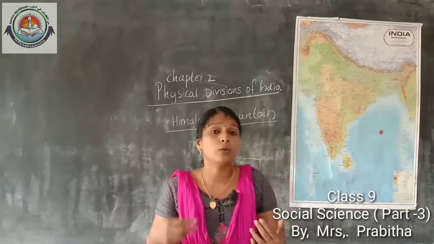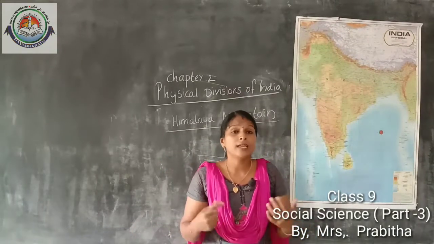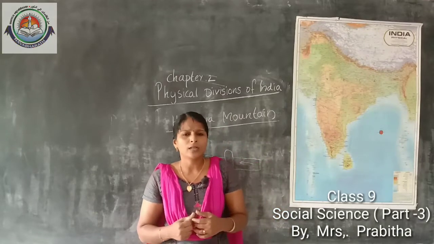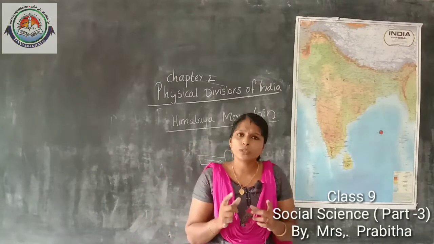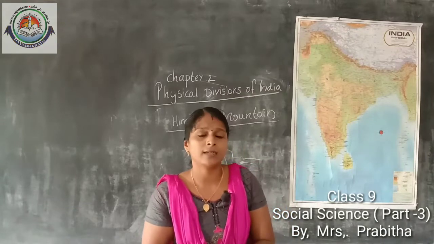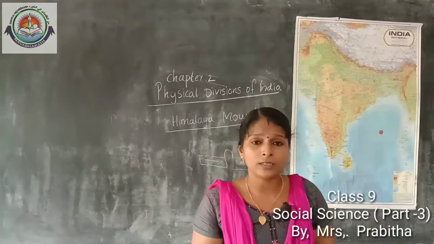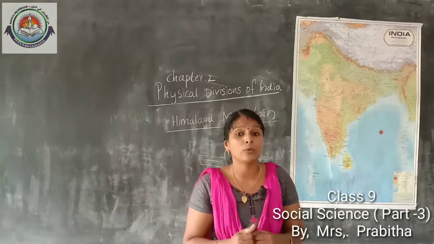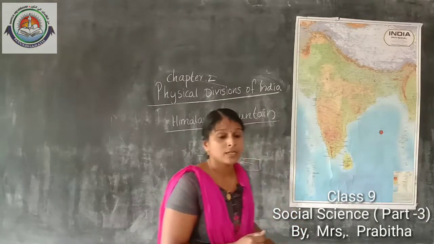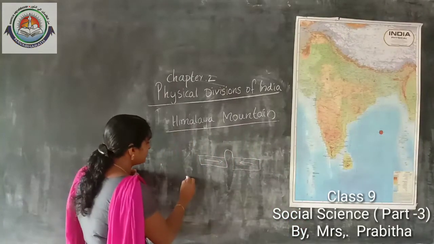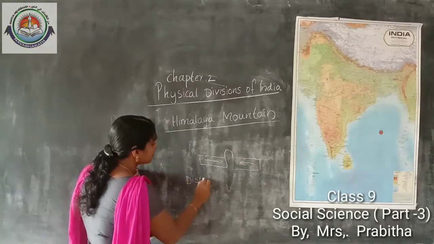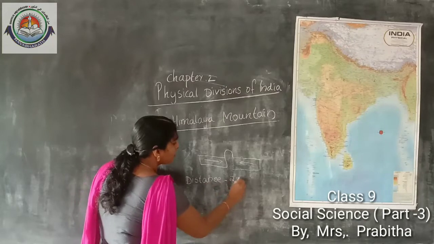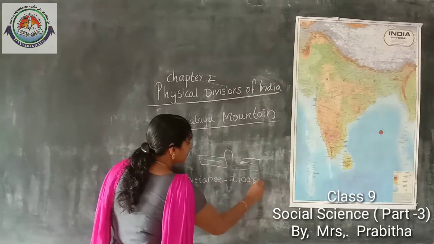Himalaya stretches along the northern border of India. It lies between the Indus and Brahmaputra rivers. It covers a distance of 2400 km and its width is 400 km in Kashmir and 150 km in Arunachal Pradesh. So it covers the distance of 2400 km.